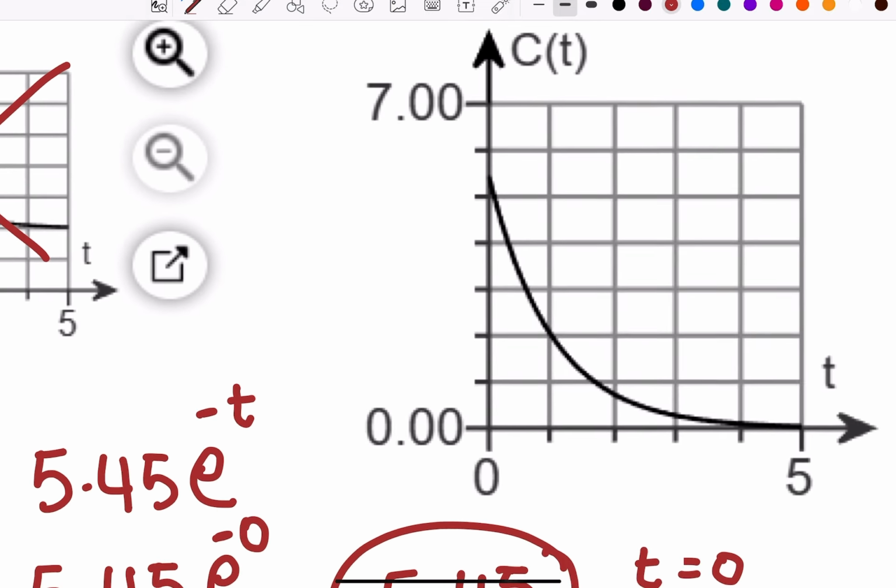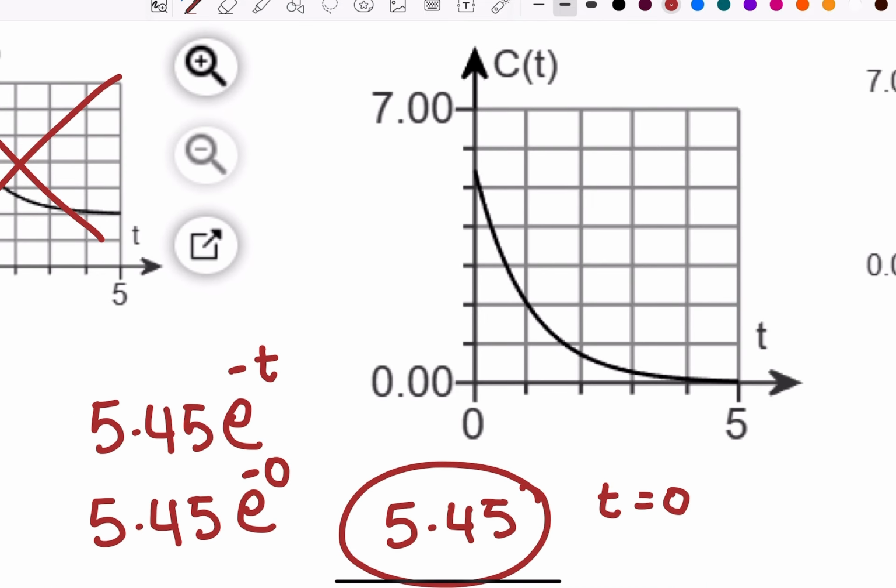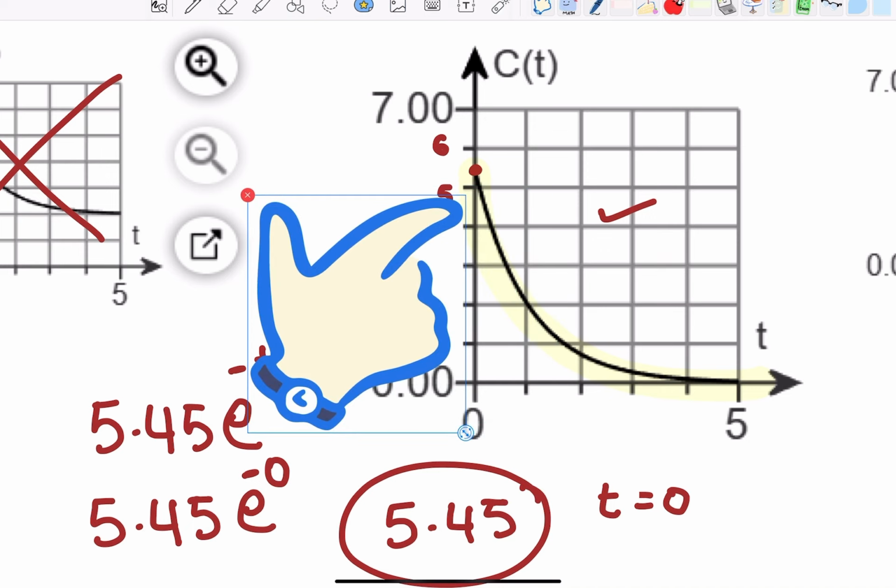Let's move on to the next one. At t equal to 0, if this is 6 and this is 5, 5.45 is in between 6 and 5. So this is my right answer. This is going to be my correct answer. This one.